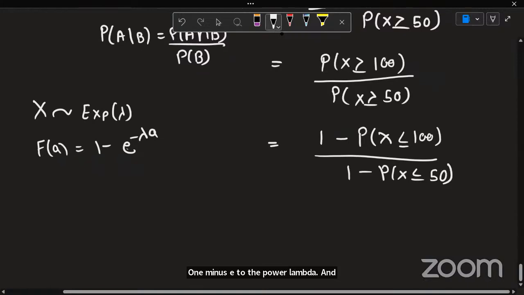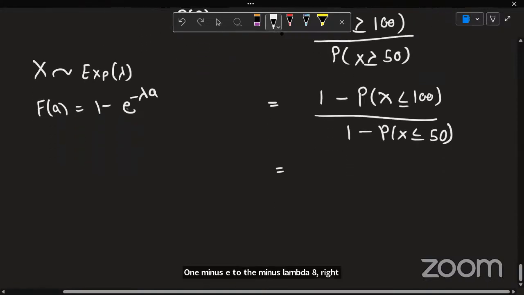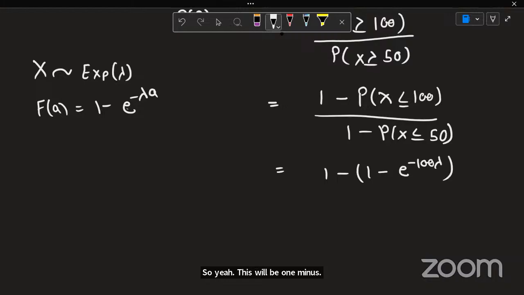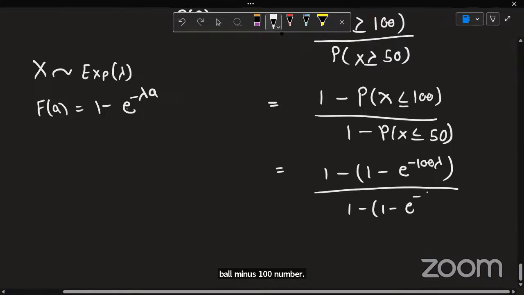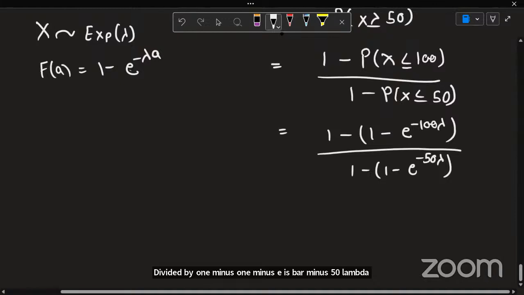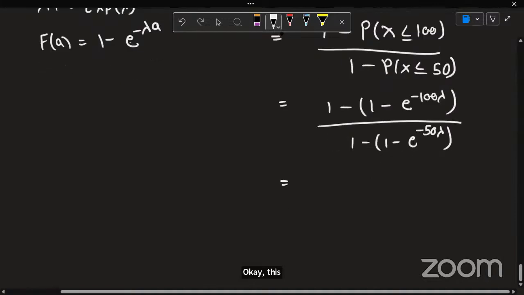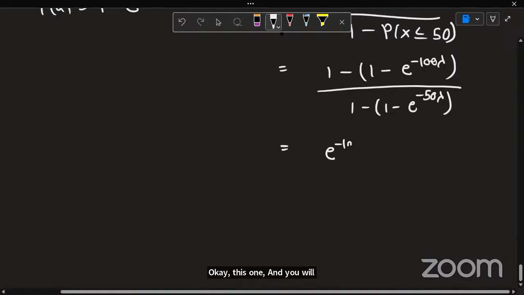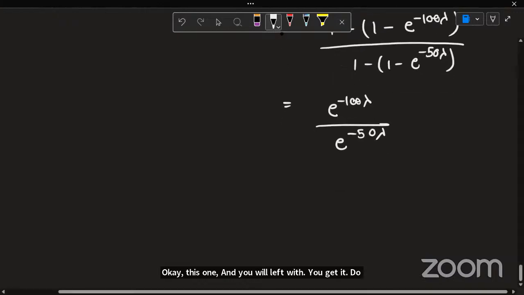So this will be 1 minus e to the power minus 100 lambda divided by 1 minus e to the power minus 50 lambda. Okay, this will get cancelled and you are left with e to the power minus 100 lambda divided by e to the power minus 50 lambda. So this conditional probability is giving e to the power minus 50 lambda.